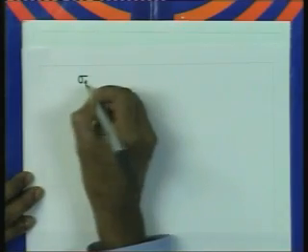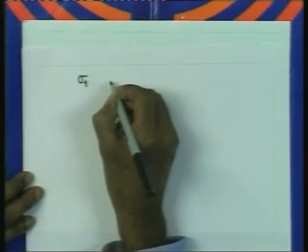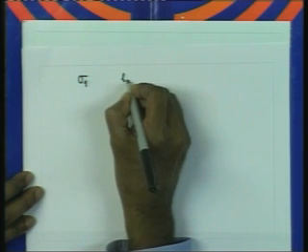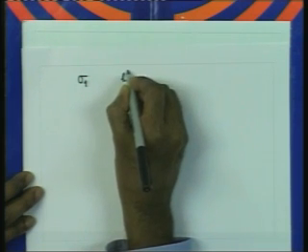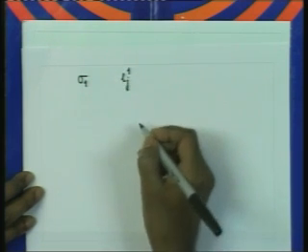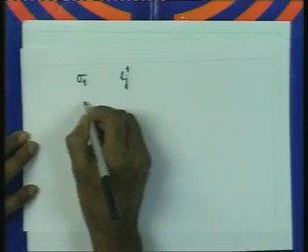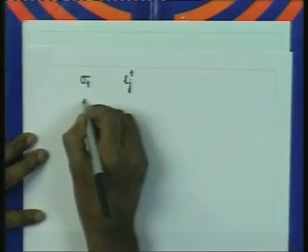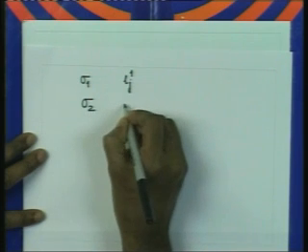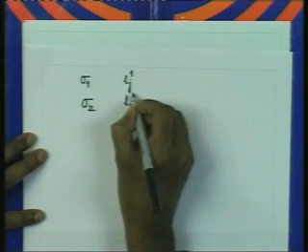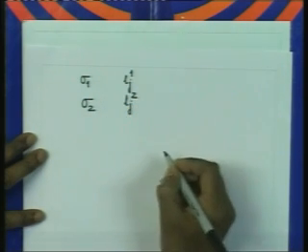Now, let us consider again that sigma 1 is the principal stress and the corresponding direction cosine is given by Lj superscript 1. Again we have sigma 2 and the corresponding direction cosines are Lj superscript 2.